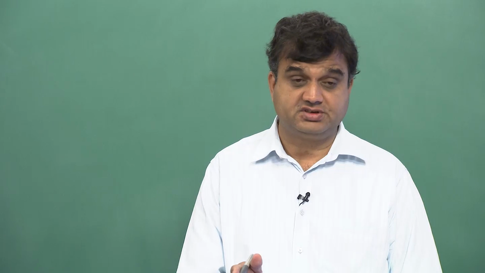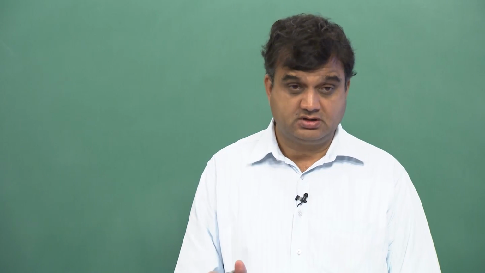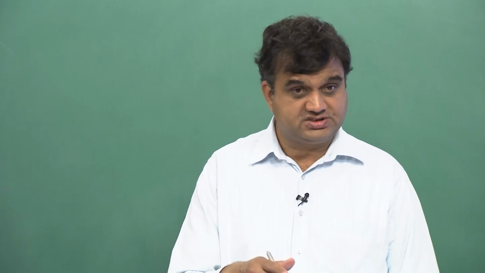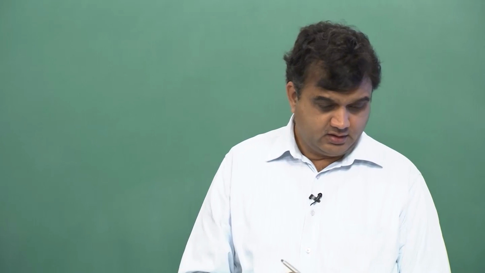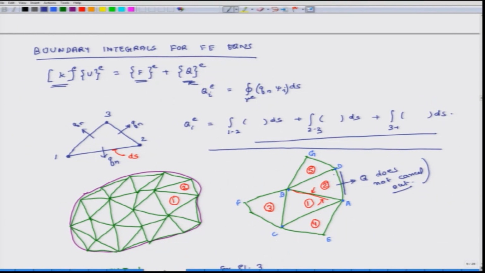For 3-dimensional systems, the boundary integral becomes a surface integral. So here it is a line integral, and we will see that essentially what that means is that for calculating this boundary integral, we only have to worry about 1D elements, because it is just a line, it is not a surface.